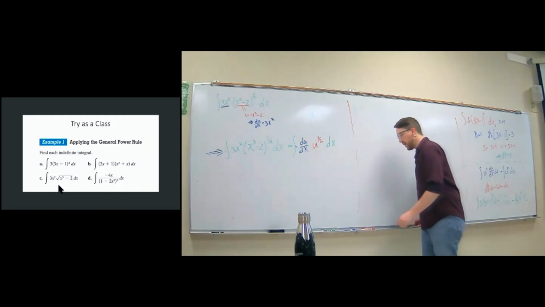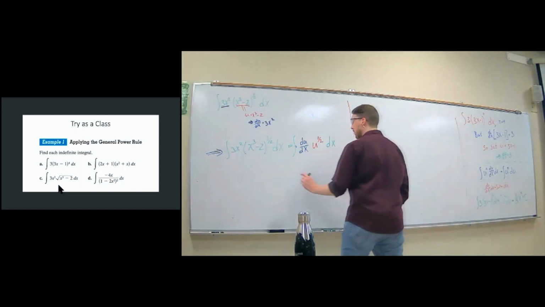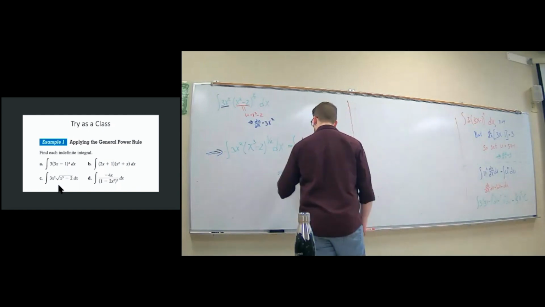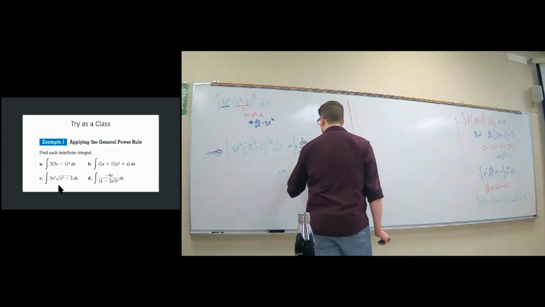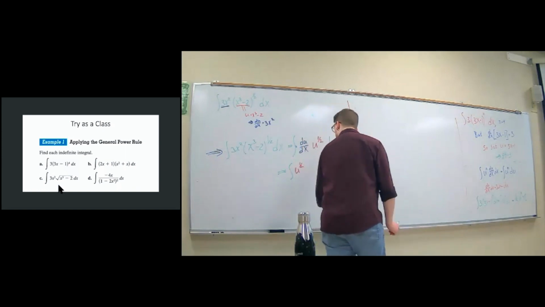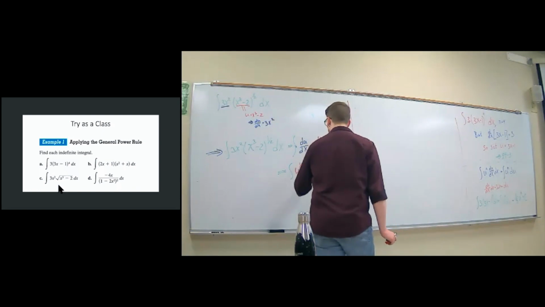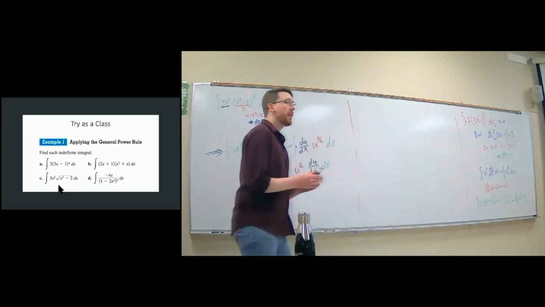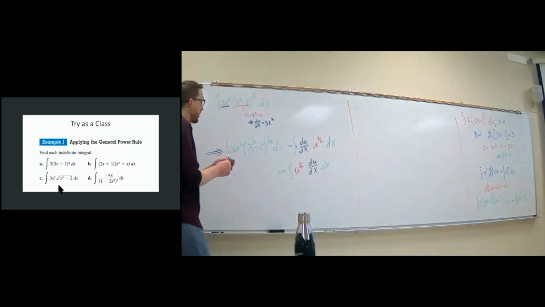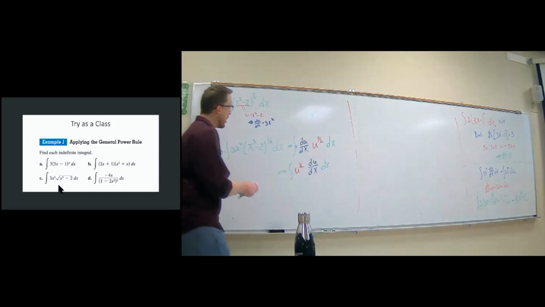But we can rewrite this as u to the 1/2 du dx times dx. And it's not exactly true to say it this way, but we can kind of intuitively think of it this way.